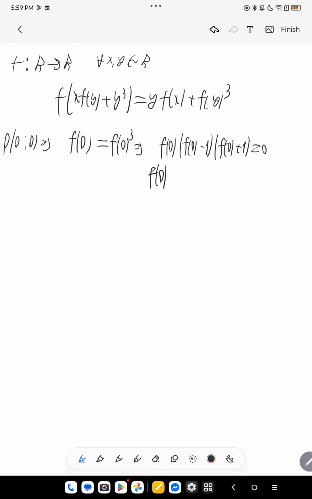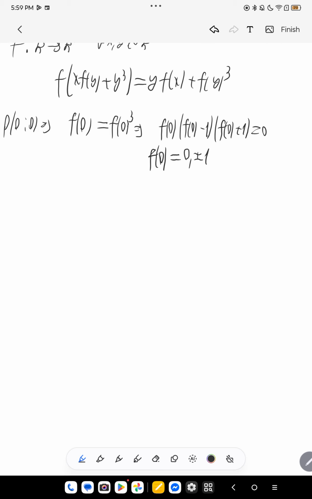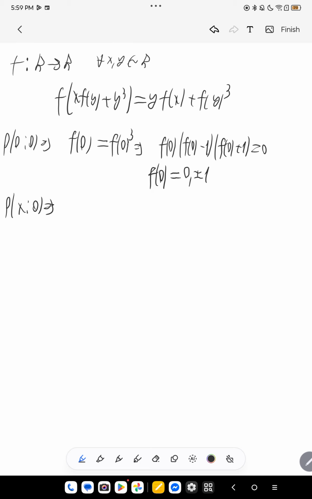So f(0) equals 0 or plus minus 1. Okay, so let's put this, and we get f(x) times f(0) equals f(0) cubed.